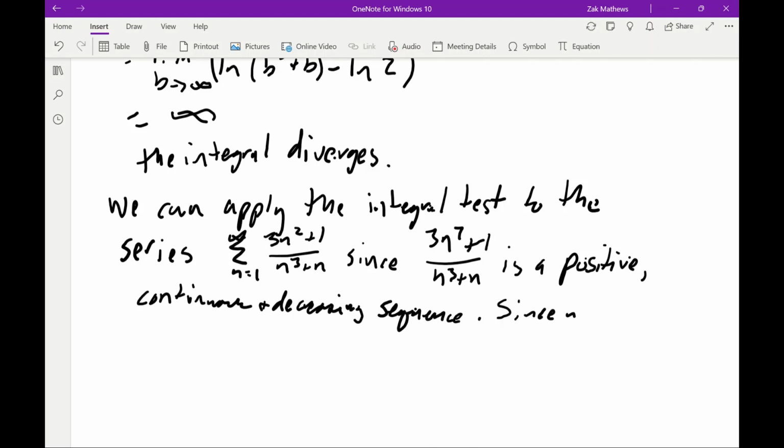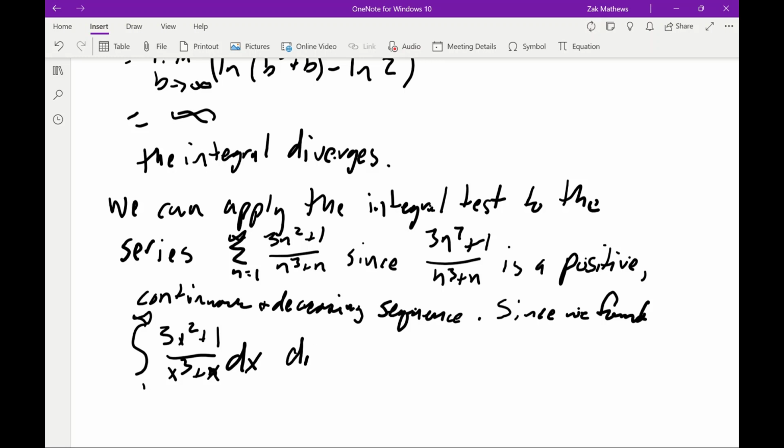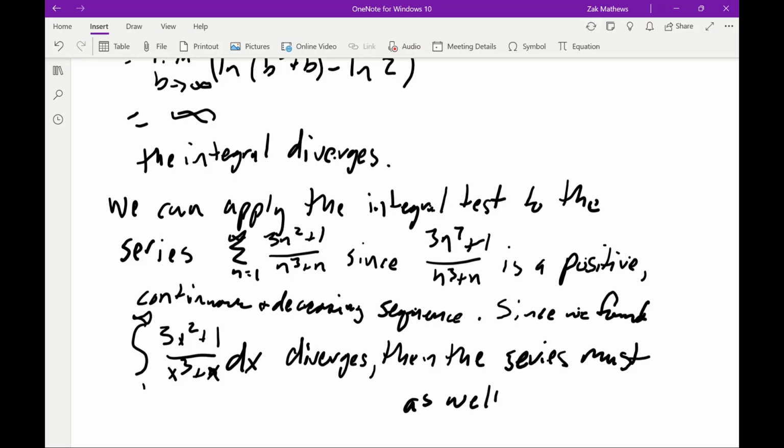Since we found the integral of 3x squared plus 1 over x cubed plus x dx from 1 to infinity diverges, then the series must as well. So that would be a complete answer.